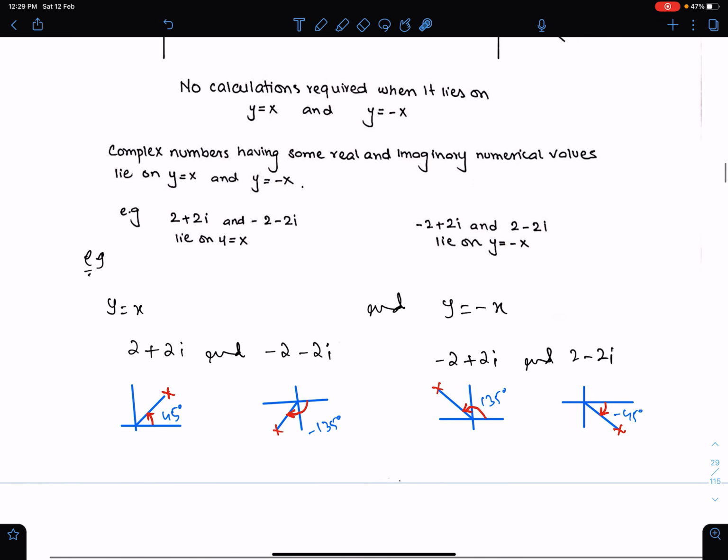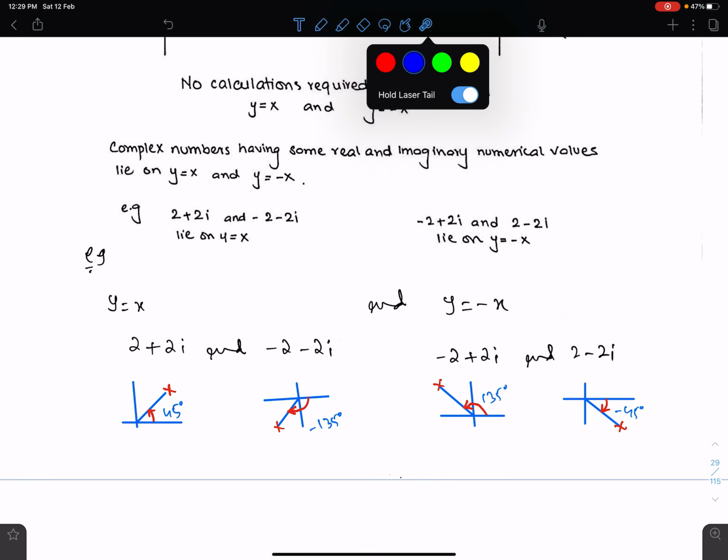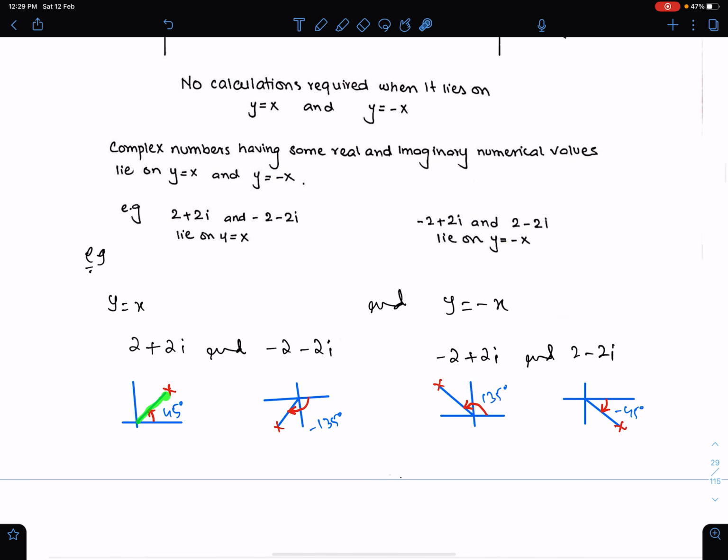These are the examples. 2 plus 2i. See, 2 plus 2i is in first quadrant. And the equation of this line is y is equal to x. So the argument of this complex number is 45. Minus 2 minus 2i is here. And this is the equation y is equal to x.